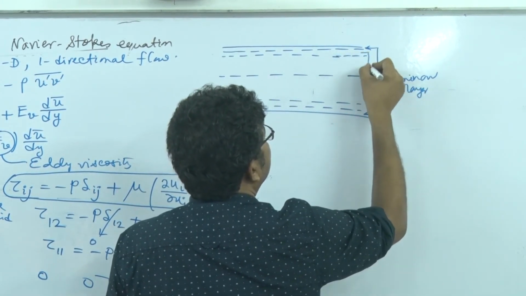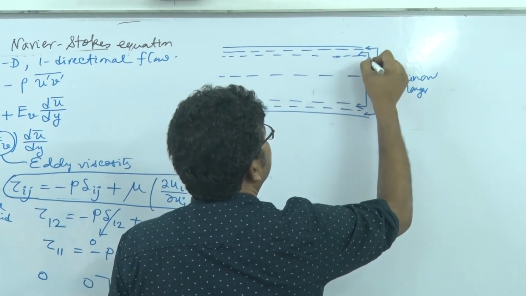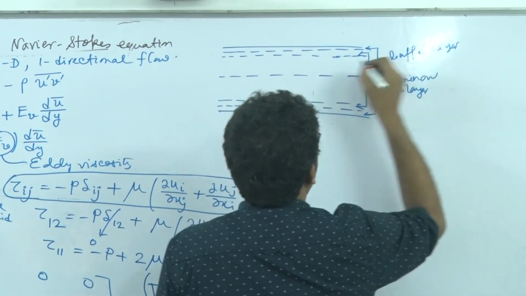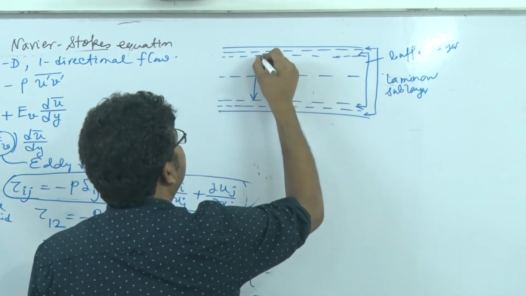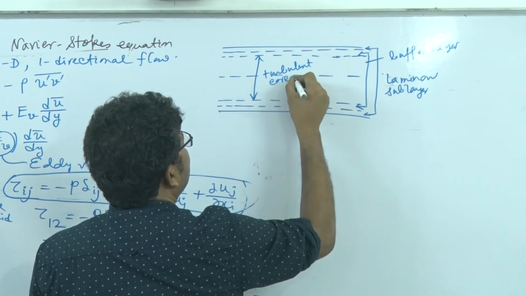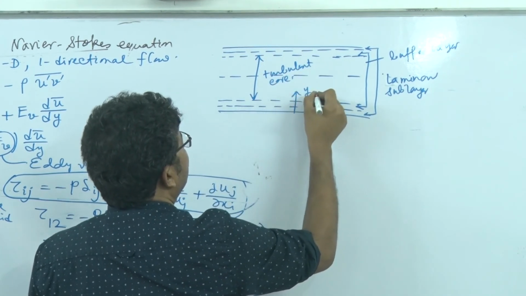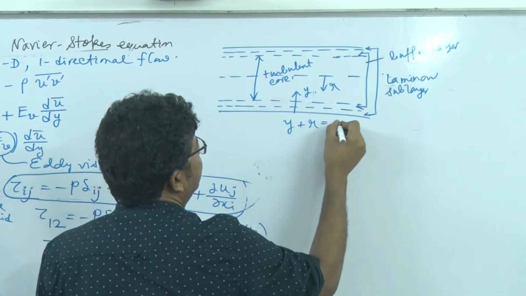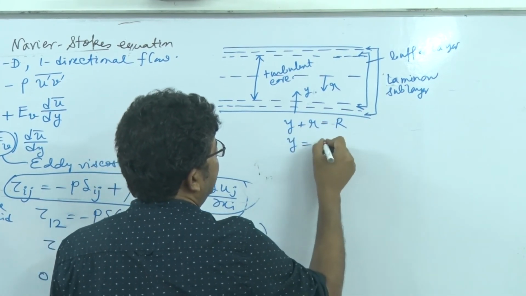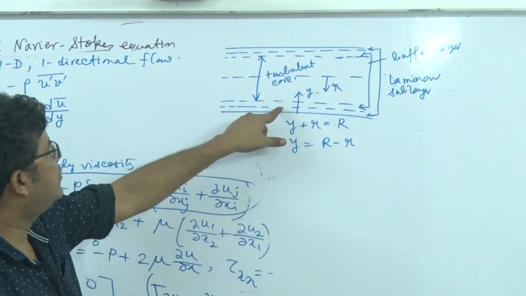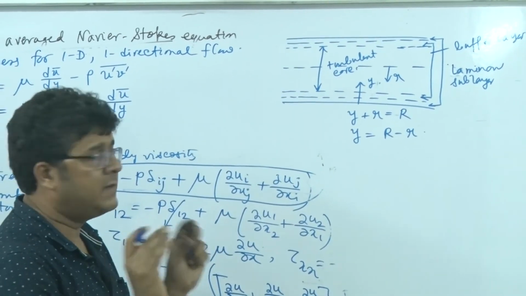This is a typical buffer layer, and here we have the turbulent core, and we fix our coordinate y from here and r from here. So y plus r is equal to capital R, and we can write y is equal to capital R minus r. So fine. Let's solve for the velocity profile for the laminar sublayer.